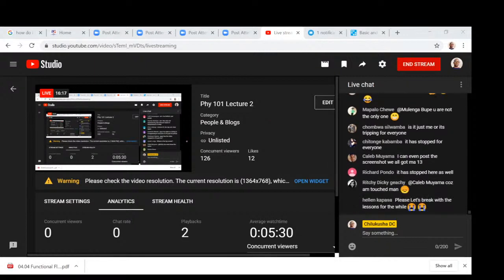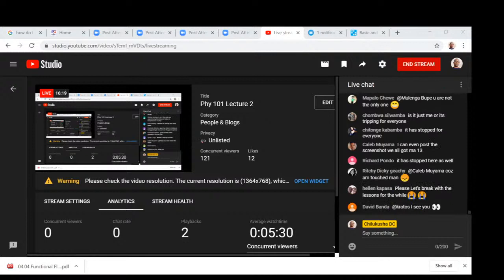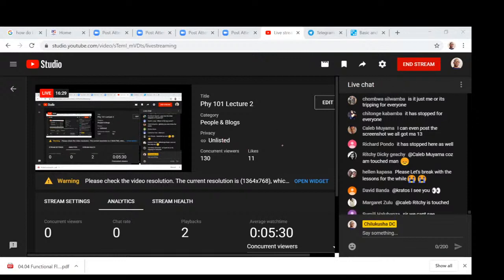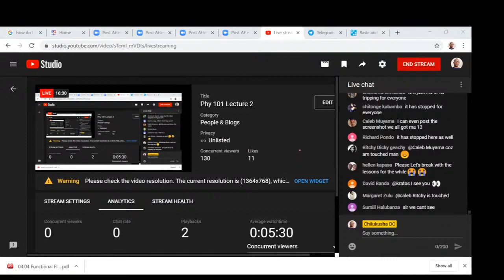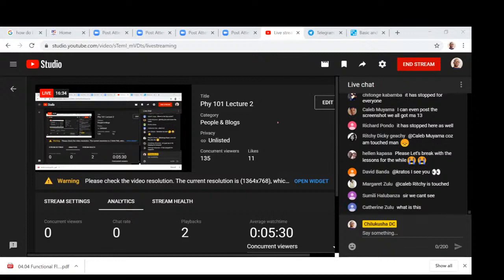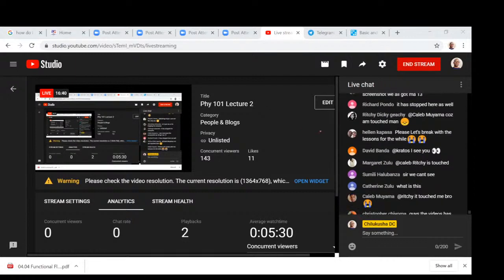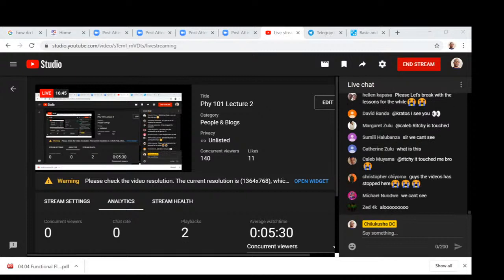I taught you how to express things in scientific notation. You can just write it as 1.0 times 10 to the power 2 meters. So this 2 that is here is what is called the order of magnitude.